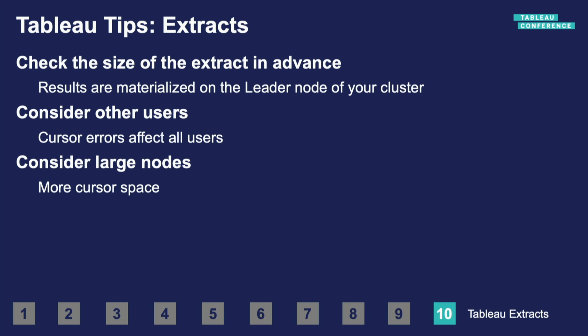So you want to check the size of the extract, again, to avoid running out of space on the leader node, because if you run into cursor errors, you affect other users. And if you do, then one solution is to scale up your leader nodes, because the cursor resources are fixed per instance type. So if you want more cursor resources, you need to change the instance type of your nodes.